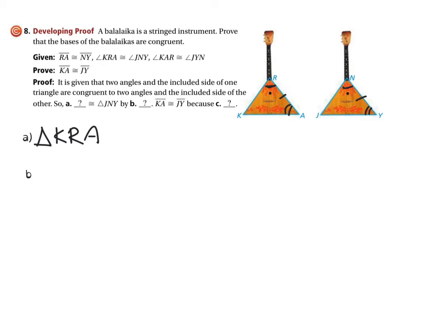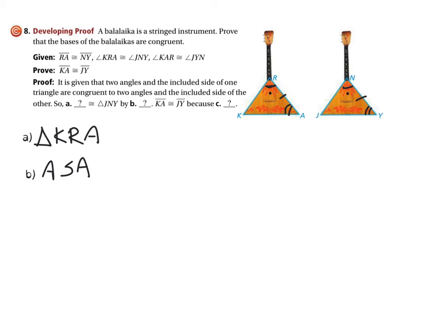We know that the triangles are congruent through angle side angle. So we would say, angle side angle.